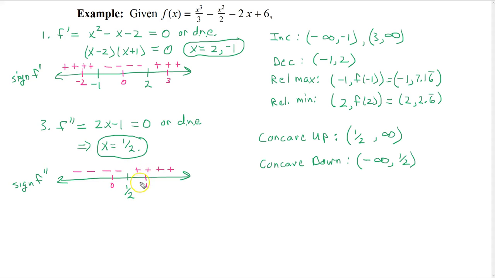Now if we take that point, notice that we can put it back into this function, and that'll give us a point on the graph of the function where we have a change in concavity. That is called an inflection point.